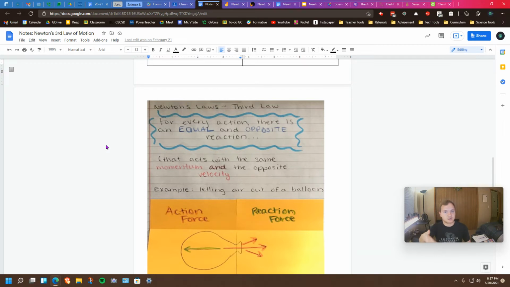That's what we call the normal force. It could be the ground, the table, whatever object it's resting on. Those are always in pairs, equal and opposite, because there's no movement. Gravity pulls down, the normal force holds it up, and a book sitting on a table will just sit there. That's a really good example of Newton's third law.